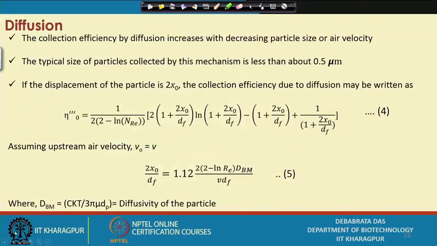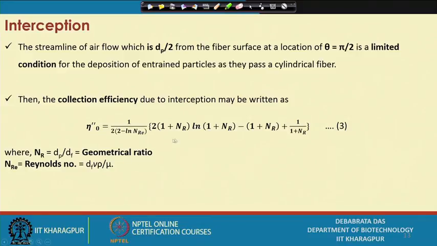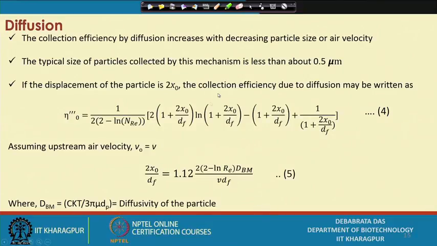Now, the particle separation by diffusion can be explained like this. Here you consider the NR. NR is the geometrical ratio. Am I right? Now, here this NR is replaced by 2x0 by dF. 2x0 is the displacement path of the particle.